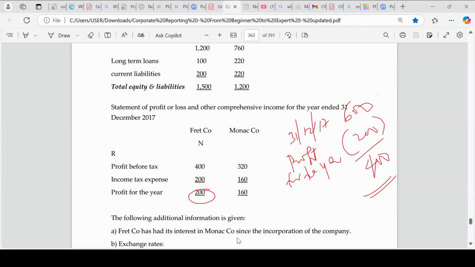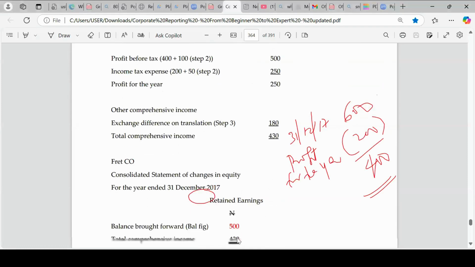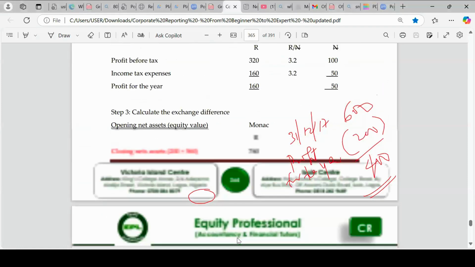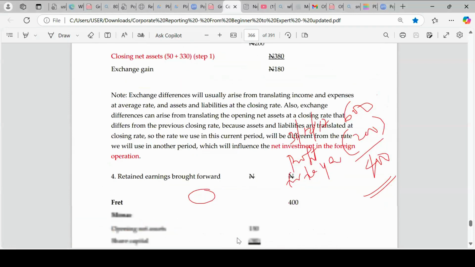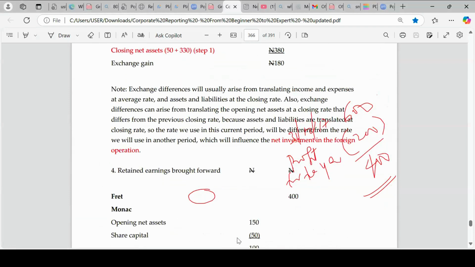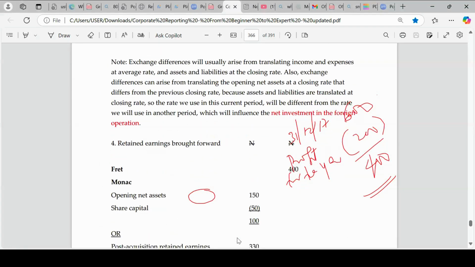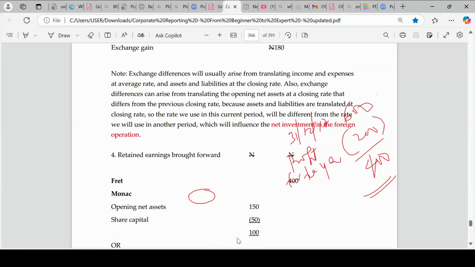Now let's look at what was done for Monaco. For Monaco, you will recall that we had an opening net asset the other time.